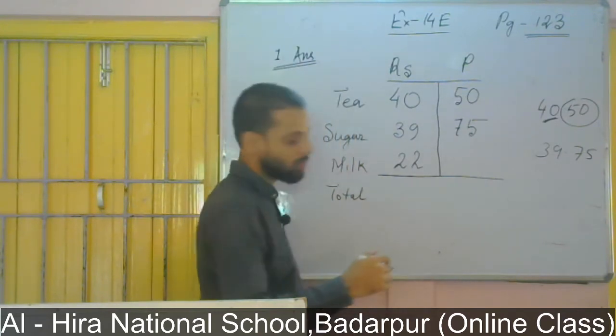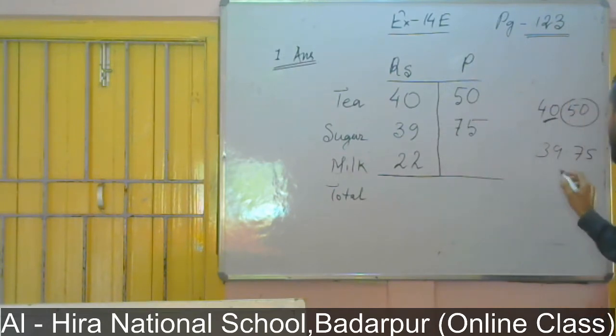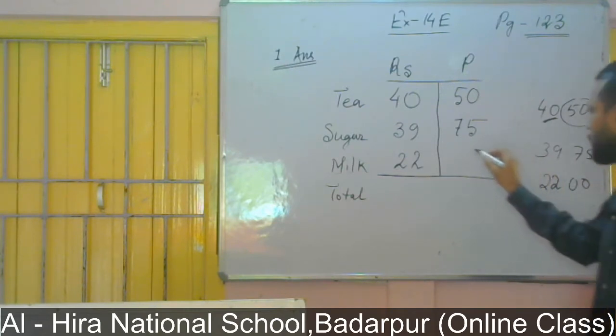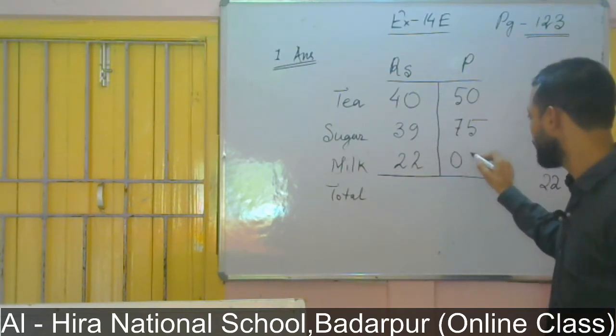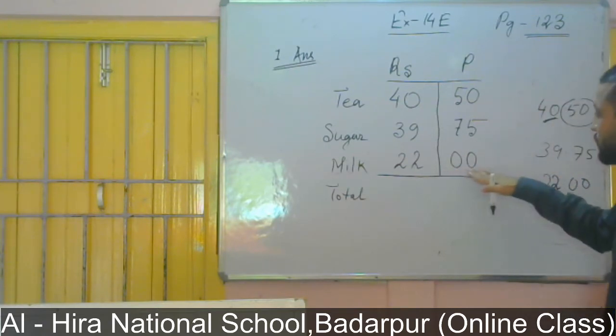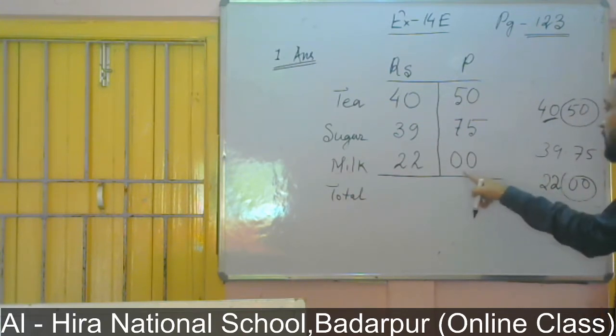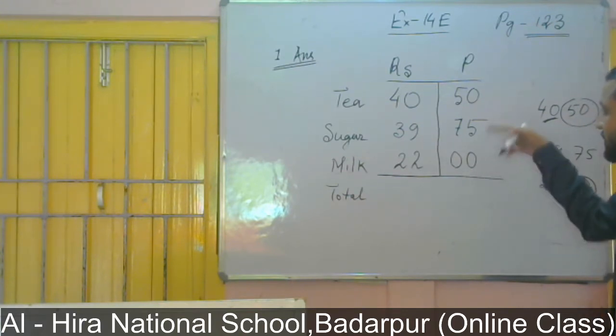As the price of milk is 22 rupees, that is 22 rupees and 0 paise, we can write it like this. We know that there is no value after the decimal place, so that is why I have written 00 here. Now we can easily add.